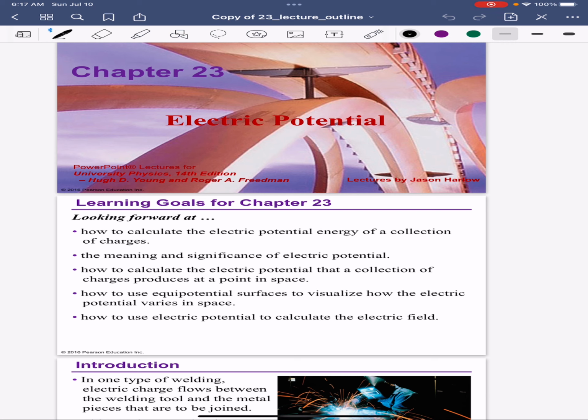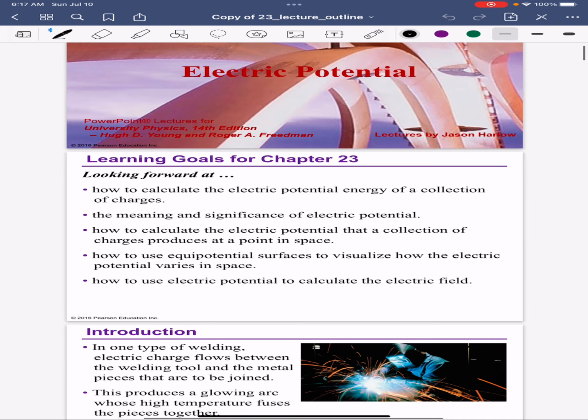The first thing here, we are going to learn how to calculate the electric potential energy of a collection of charges. You might have 2 charges, 3 charges, or an infinite number of charges, and you're going to find their total potential energy.